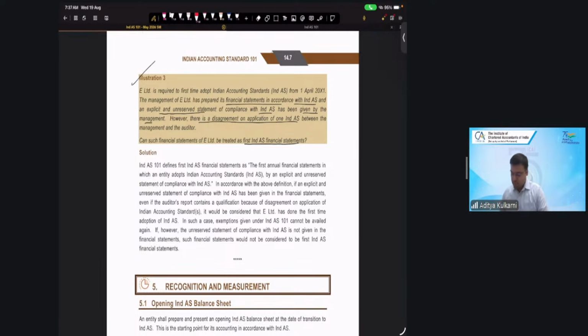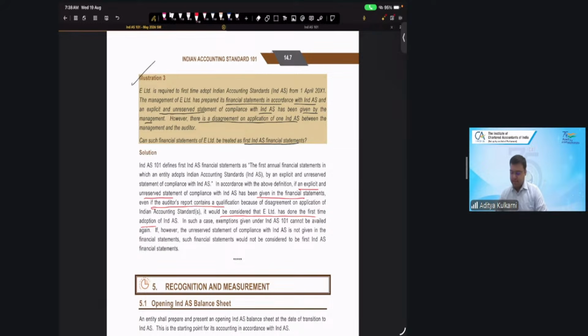Now, if an explicit and unreserved statement has been given, even if the auditor's report contains a qualification, it would be considered that E Limited has done the first time adoption of Ind AS.